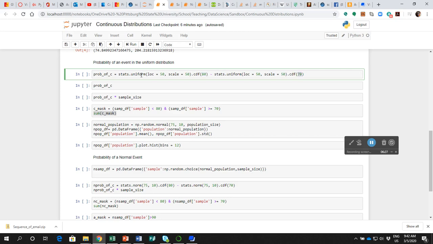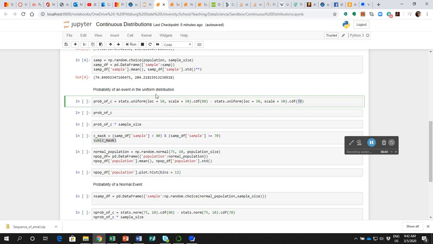So I have my stats.uniform, which will give me a means to do that. SciPy has a different notation for it. They start out with the lowest point for your uniform distribution. In this case, it's 50.